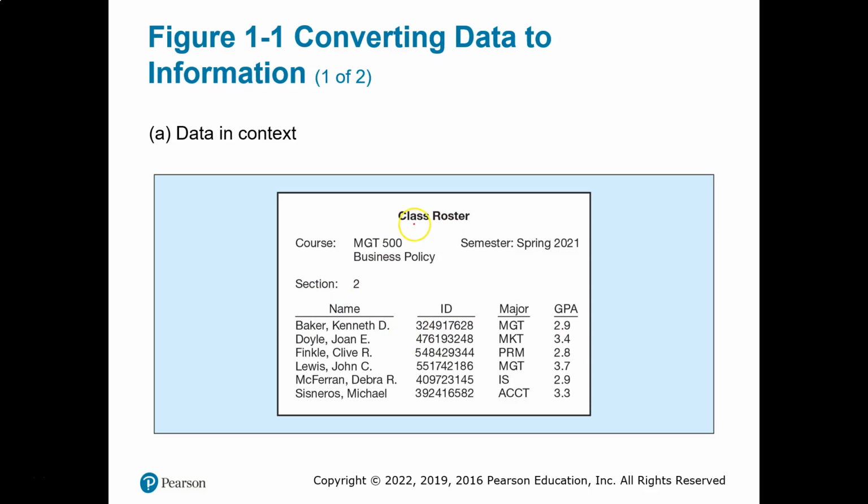So what we've done is we've taken raw data, student information, the student ID, the student's major and their current GPA, and we've turned it into useful information. Now, how this gets done, okay, this report can be based on a query that we write, such as select all students whose course equals Mgt 500.